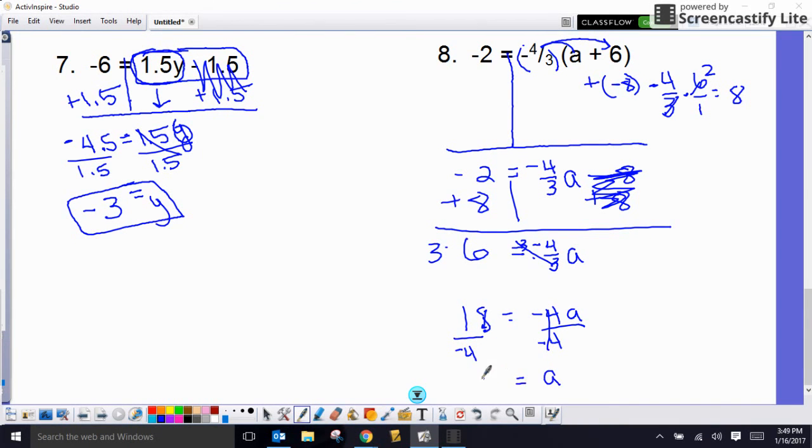A equals negative 4 1/2. I'm thinking in my head, if that was reduced to 9/2, right, negative 9/2, that would be, yeah, 4 1/2.